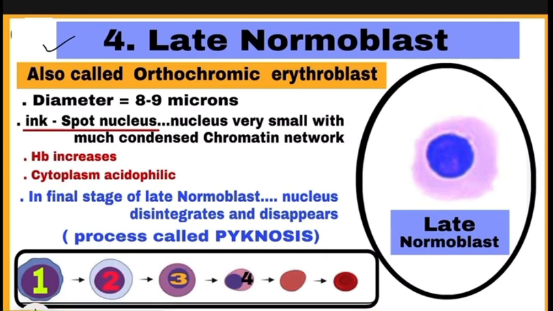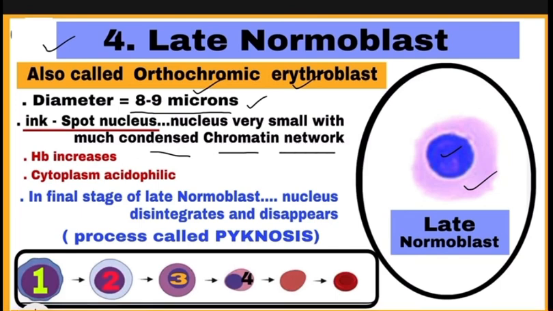Next is late normoblast, also called as orthochromic erythroblast. Here the size of cell further decreases and diameter ranges from 8 to 9 microns. Now check the nucleus. Nucleus is very small. It looks like an ink spot nucleus with much condensed chromatin network. Now check the hemoglobin.